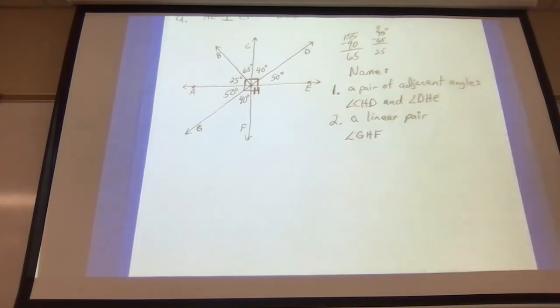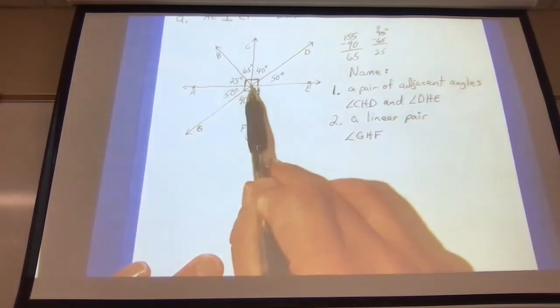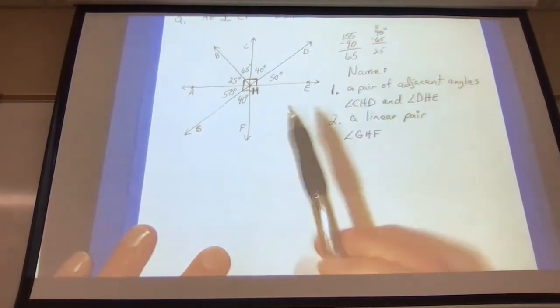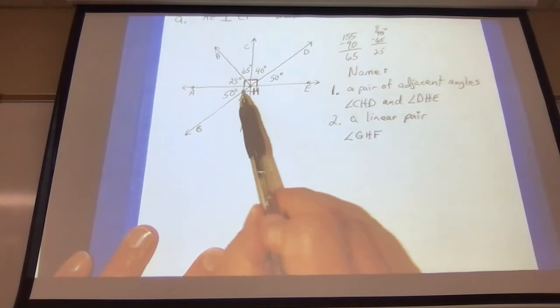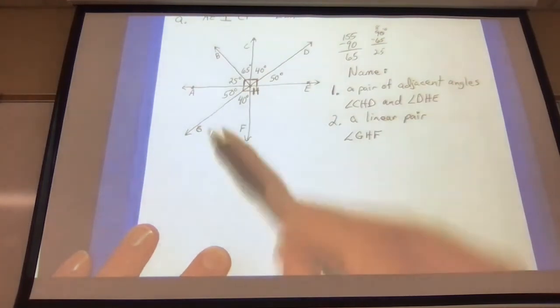You're a little bit ahead of us there. Anybody pick out an angle that you put next to angle GHF to make a straight line? Dean, what do you think? What did you say? AHF? Not quite. Those two, that's gonna be a 90 degree. We want a straight line.